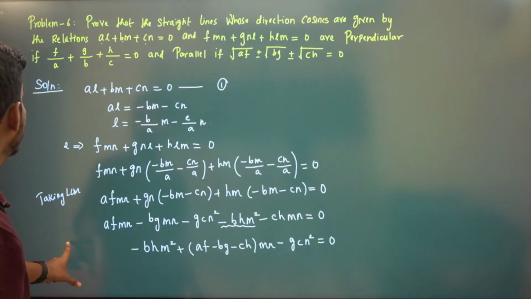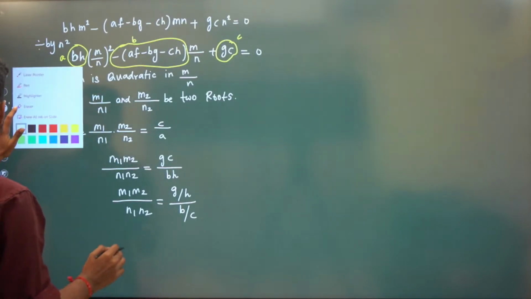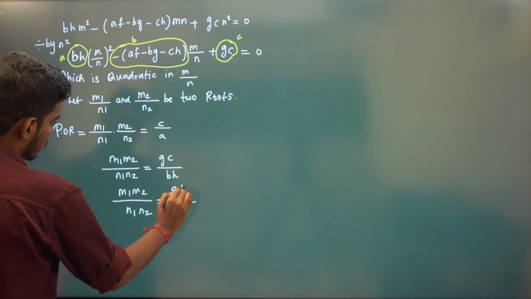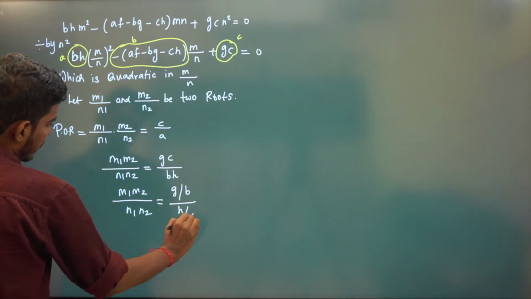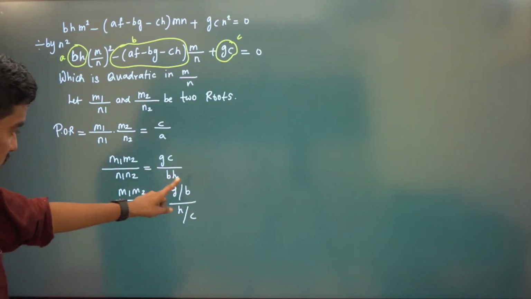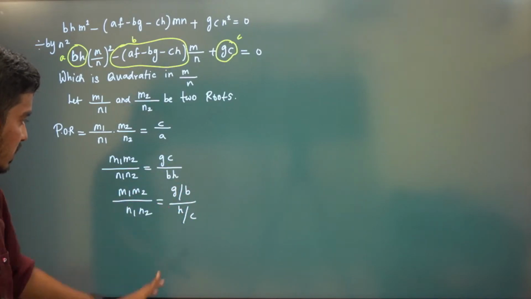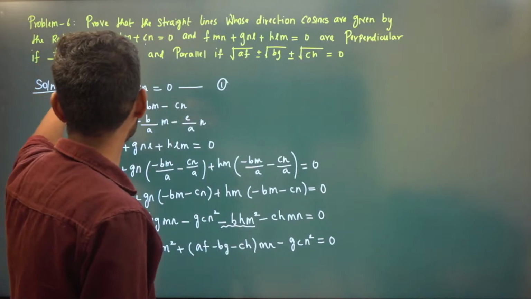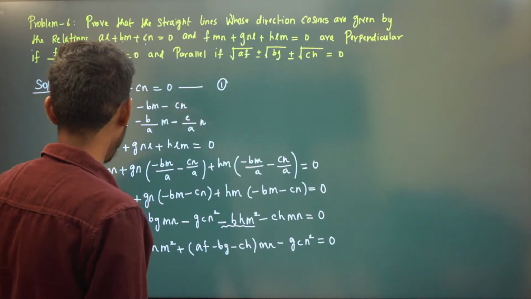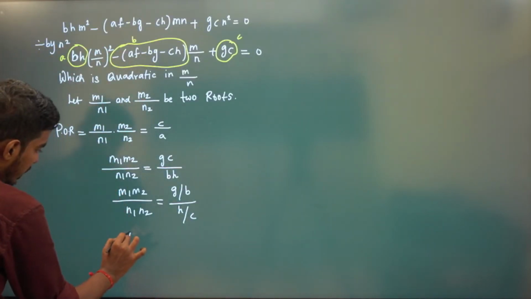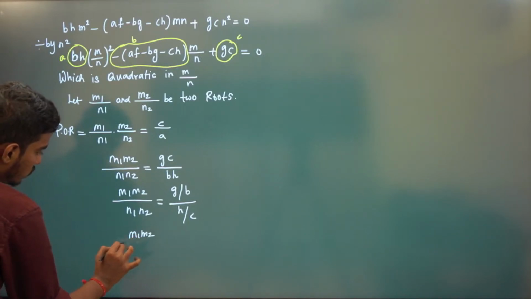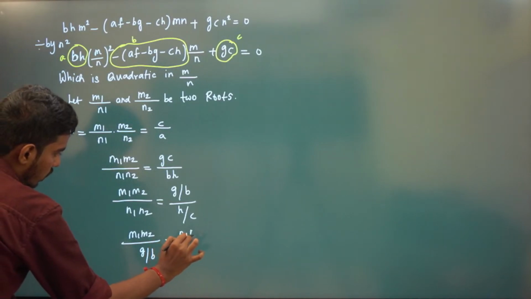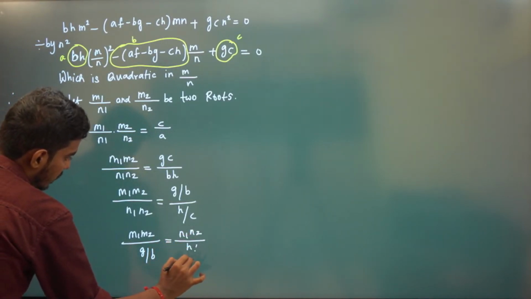G by B, C by H. So GC by HB. Same only, right? Because I'm trying to bring in this pattern. G by B, H by C, F by A. This I can write as M1, M2 divided by G by B, N1, N2 divided by H by C.